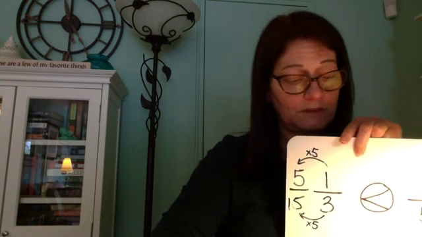That's what equivalent means. These have different names, okay? The individual pieces are different sizes, but the overall size of the group, whether it's 1 out of 2, 2 out of 4, 3 out of 6, or 4 out of 8, okay? The size of the group is the same.